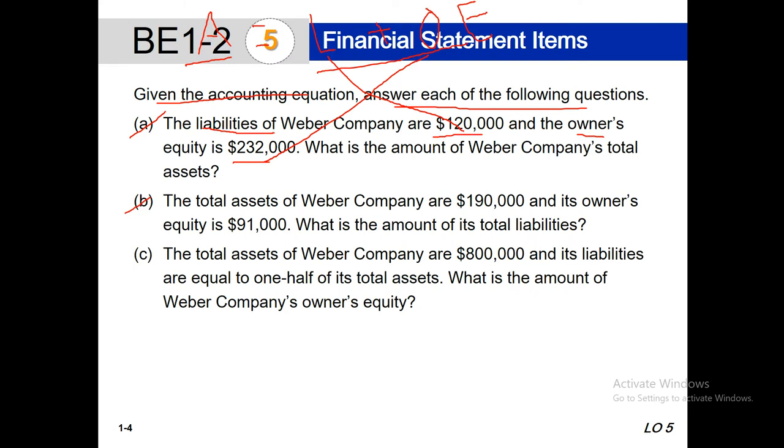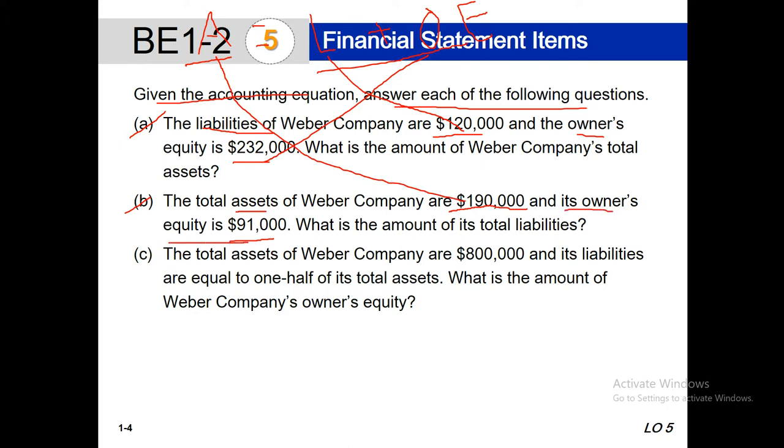Number B. The total assets of Weber Company are $1,90,000 and its owner's equity is $91,000. So this is our total assets, and this is its owner's equity.